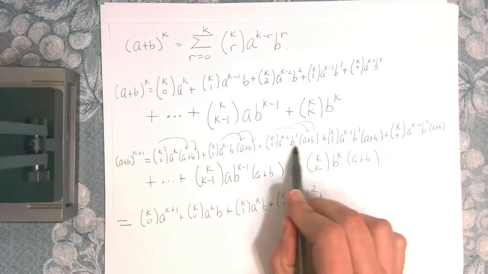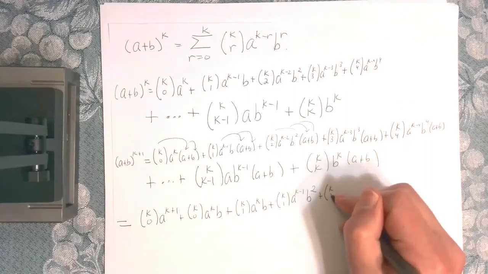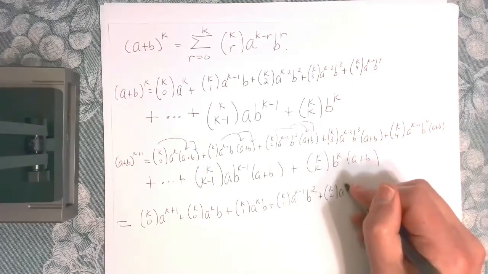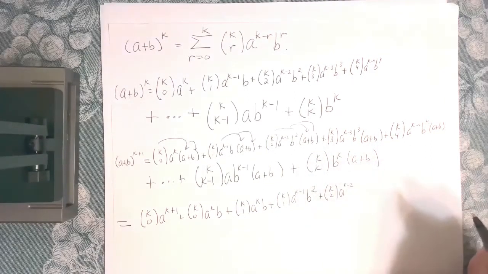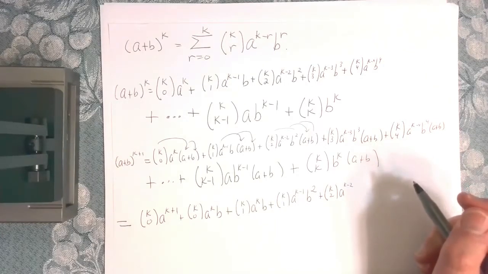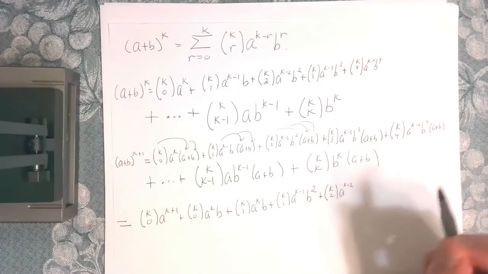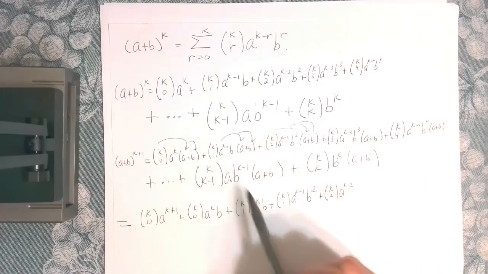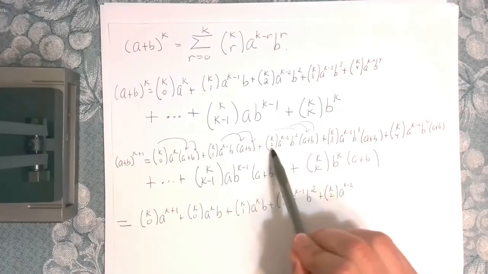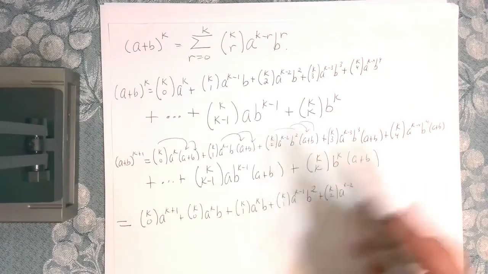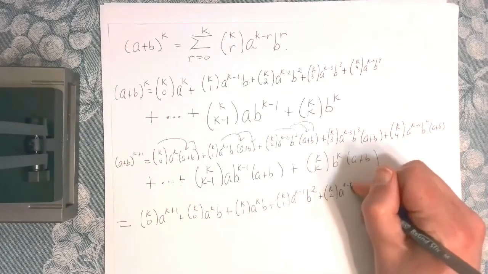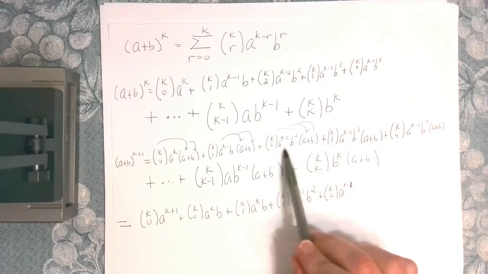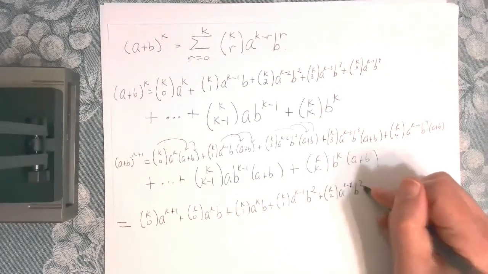So here I would have k choose 2, a to the k minus 1. We add exponents, right? So yeah, a to the k minus 1, b squared, that looks good.